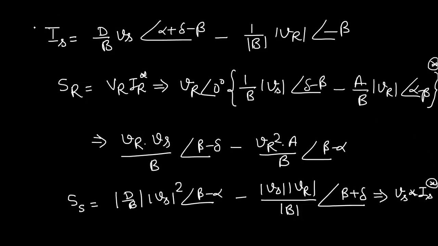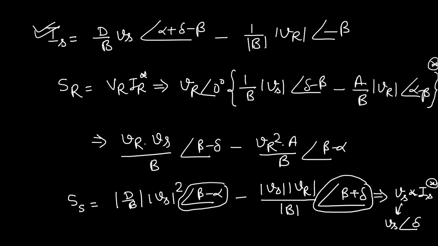Is I have calculated from here. When you take the conjugate of it and multiply with Vs, Vs is our Vs angle delta. So if you take the conjugate of Is over here, this particular angle will become beta minus delta minus alpha. When you multiply with Vs, the delta will cancel out and the angle remaining will be beta minus alpha. And over here, because you are multiplying, it will become beta plus delta.